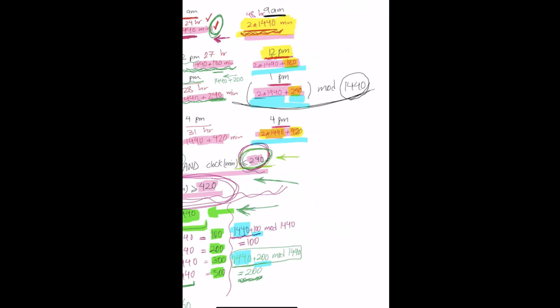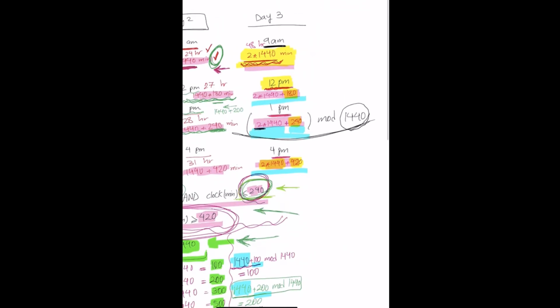And here there are 2 of them, because that's day 3. Obviously in day 1 and day 2, we have had 2 complete 24 hours. It takes those out and then returns whatever is left as the time of that specific day.